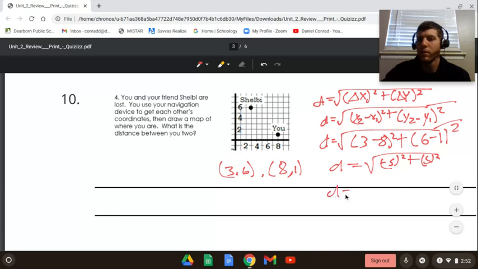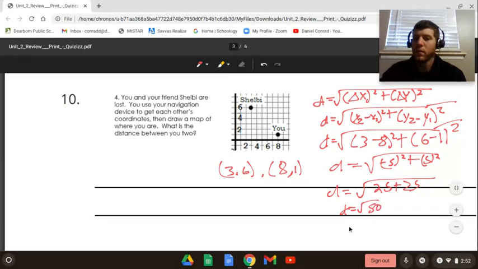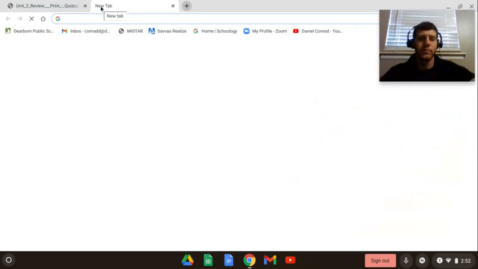So that's going to be 25 plus 25. Square root of negative 5 times negative 5 is positive 25, and then 5 times 5 is 25. So our distance is going to be square root of 50, which is approximately, let's see, I took the calculator down.